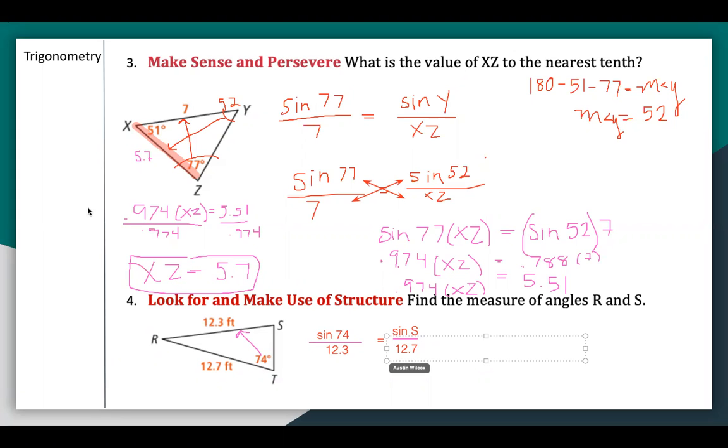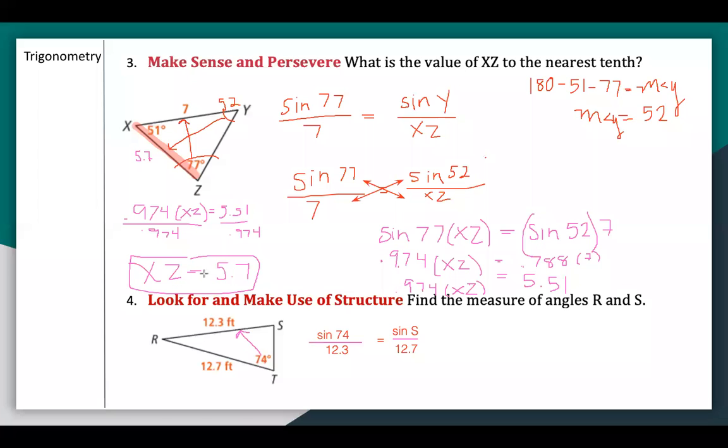In this case, we're using the law of sines. Before, I said, if we're ever trying to find an angle, what do we have to use? To take the S out of the sine function, we're going to have to use the inverse of sine.